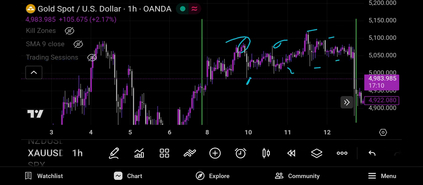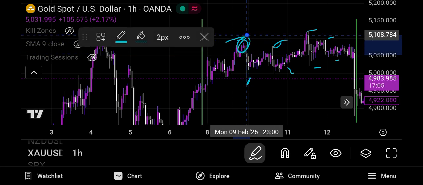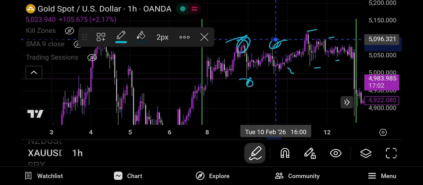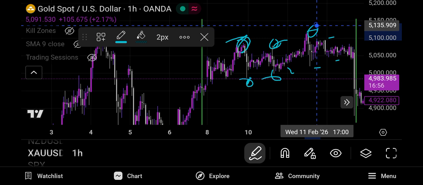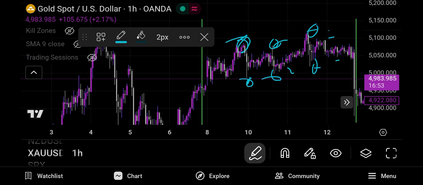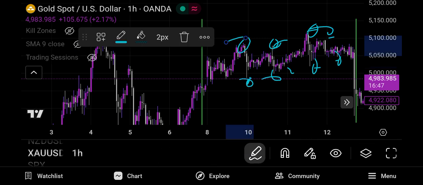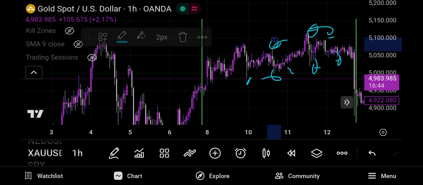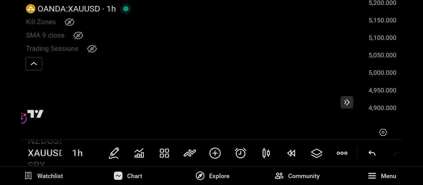We made a higher high, we made a lower low, we made a higher low, we made a lower low, we made a higher high, a higher low, we made a lower high, a lower low. You see, there's no clear-cut trend for this market. So this is not feasible to trade, even with support and resistance. You even get the support level, you even get the resistance level.